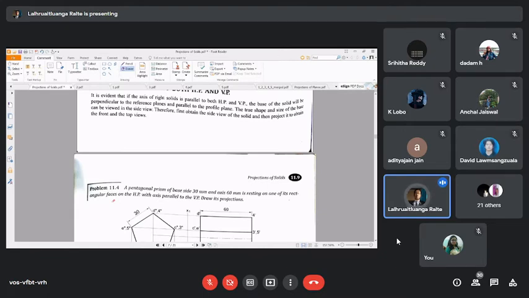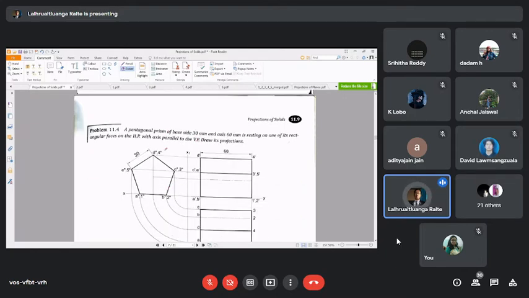The moment the axis is parallel to the VP, it means the whole solid is going to be perpendicular to the profile plane this time. All right, so that is why we have our profile plane.